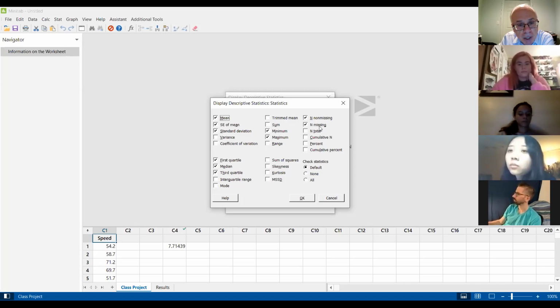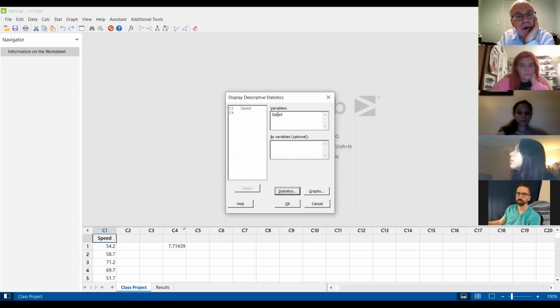N is the number that's non-missing, then the number that's missing, and then there's a total if you wanted to check that. There's percent, and all sorts of things you can choose from. But in this particular case, we're just going to choose what's checked, and we'll click OK.